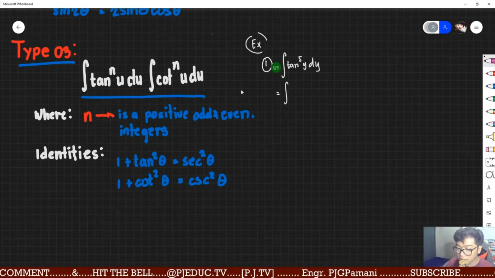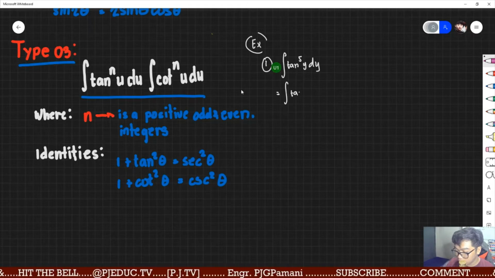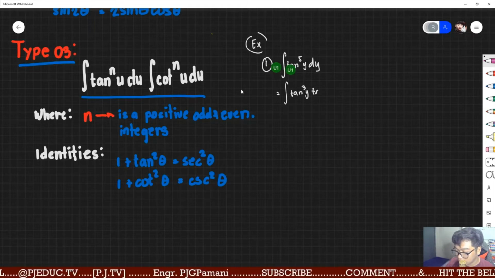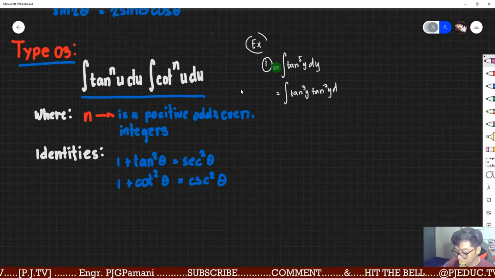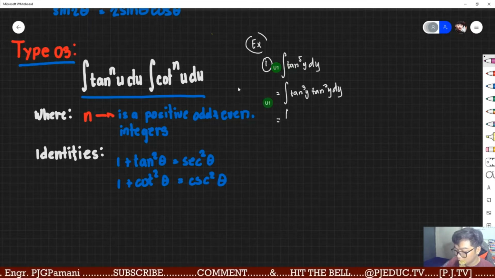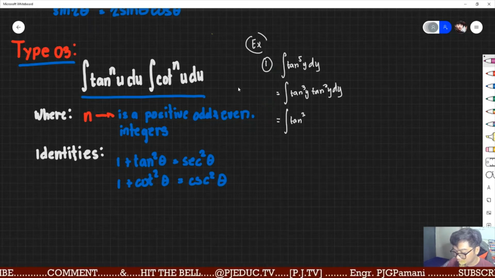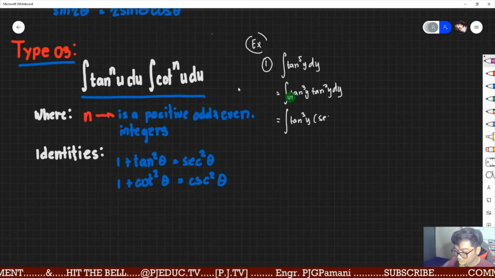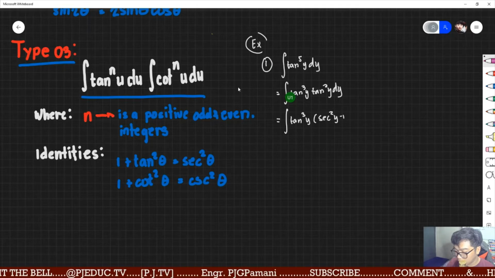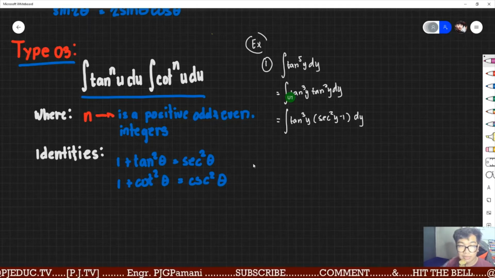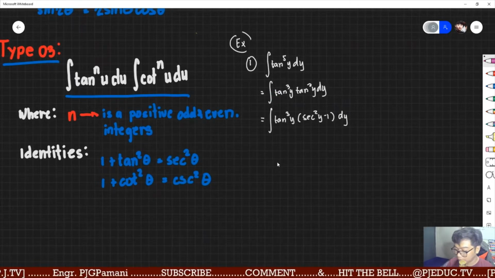This integrand is the same as tangent cubed y times tangent squared y dy. Then we know that tangent squared y can be expressed as secant squared y minus 1 based on our applicable identities on this type of transformation.